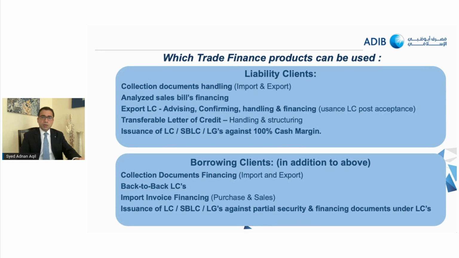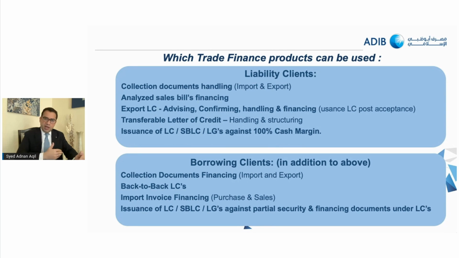and that means that the client has to be a borrowing customer before we can give pre-shipment financing loans. Another query which we normally receive from customers: can ADIB finance every LC in the world? Almost no bank, if I can recall, can finance every LC in the world, because it depends on the bank issuing the LC or the confirming bank confirming the LC, how good that bank is, and from which country it's been confirmed.